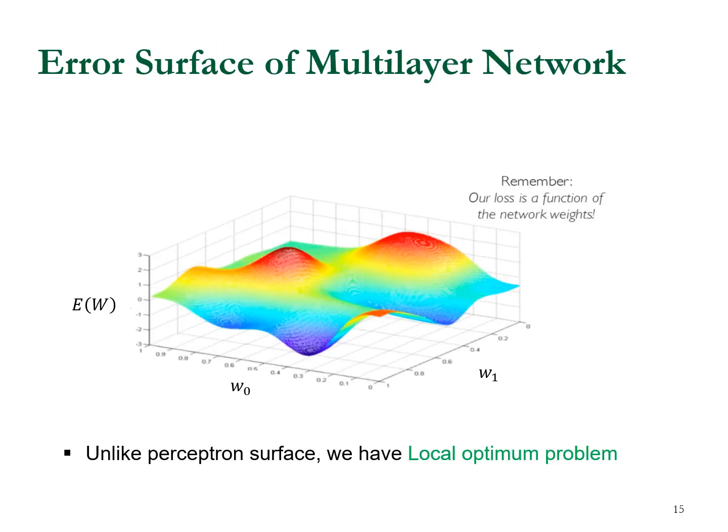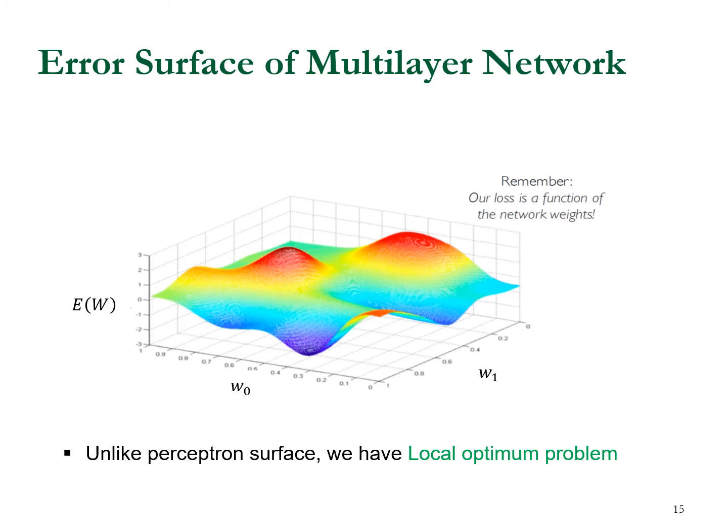Let's take a look at the error surface of a multi-layer network using a sigmoid function or any nonlinear function. If you remember, the error surface of a perceptron network has only one global minimum, one global lowest point. So in a perceptron, if you find an answer, it is guaranteed to be the best optimal answer.